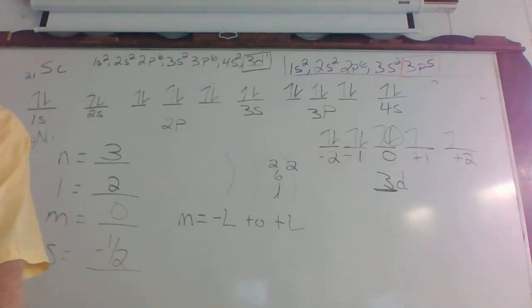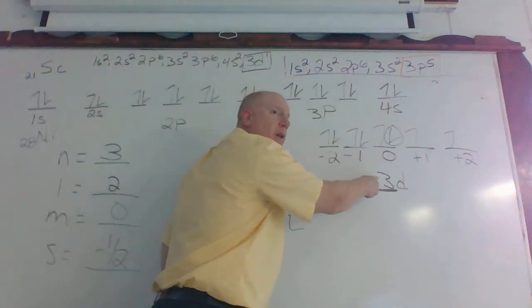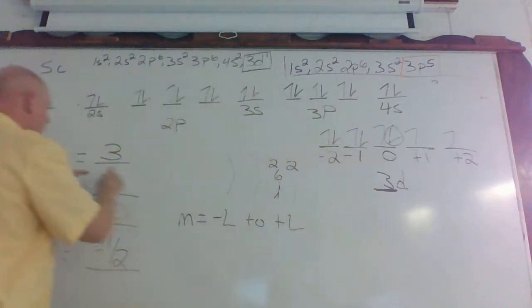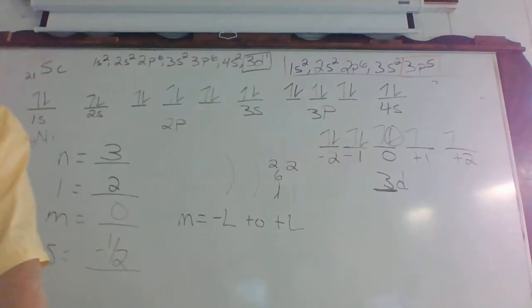Okay. On page 107, principal quantum number, symbolized by N, indicates the main energy level occupied by the electron. This is your main energy level occupied by that electron, so that's why N is 3. Values of N are positive integers, only 1, 2, 3, and so on, because N can be all the way up to 7.